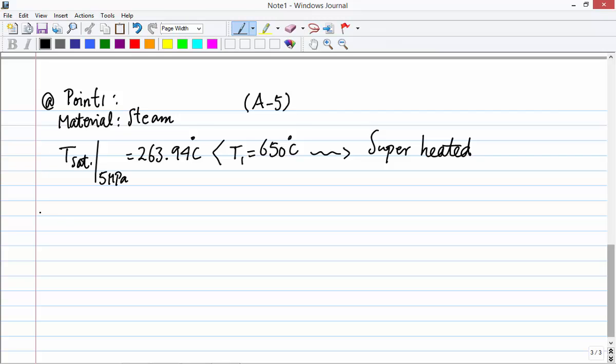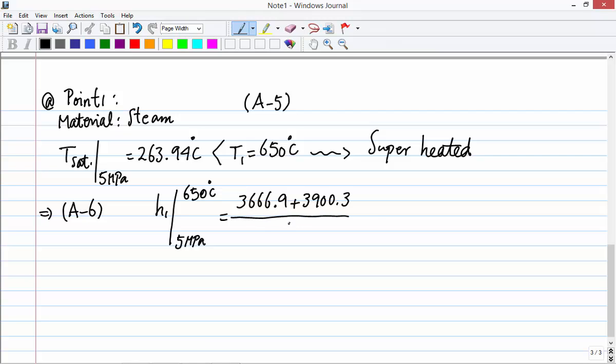Then we checked table A6, which is for superheated properties, and we found H1 at 5 megapascal and 650 degrees C, which was the average of 66.9 plus 39.3, 3783.6 kilojoule per kilogram. And I'm gonna do the same procedure at point 2.